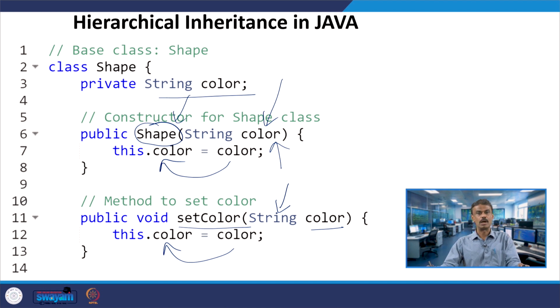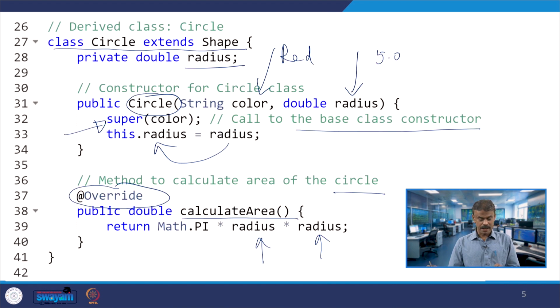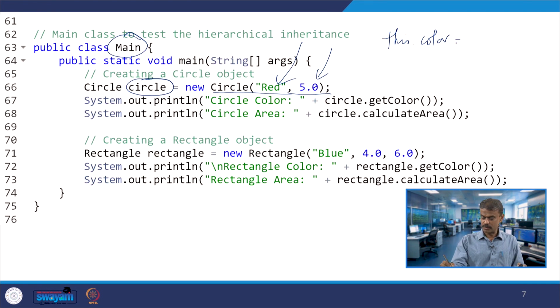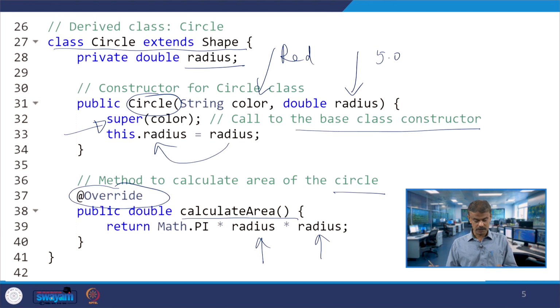So this dot color is red, color will become red now, and this dot radius is 5.0. So this dot color is red and this dot radius is 5.0.